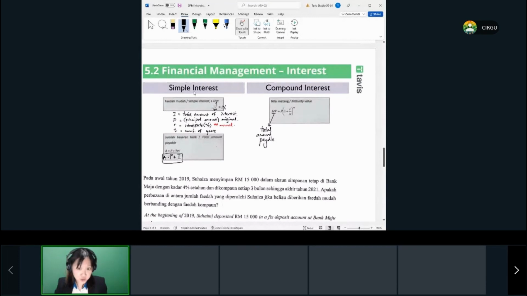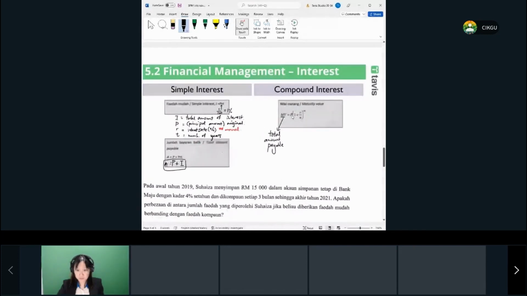But for simple interest, if you want everything, you have to find the interest first, then add it to your principal. Then only you can find your total amount payable. But compound interest, no need. The formula itself straight away gives you the total final amount, including the interest already.